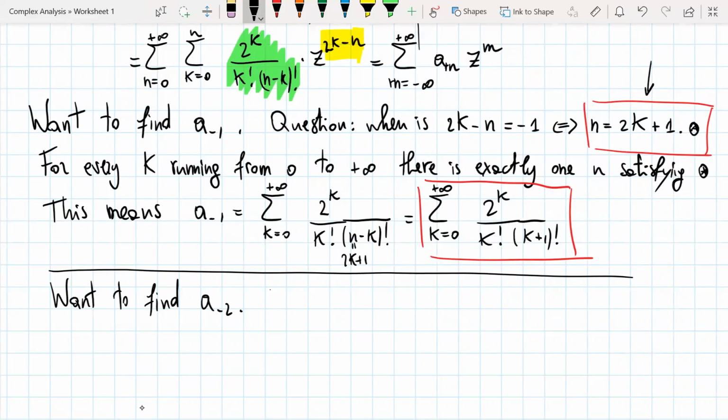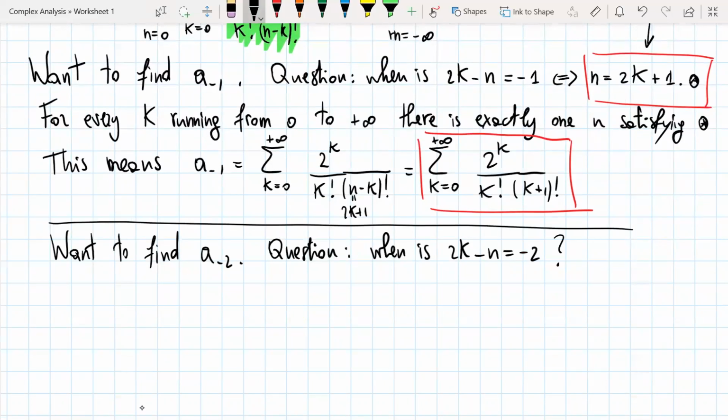So also here, the question: when is 2k minus n equal to minus 2? This implies that n is equal to 2k plus 2.